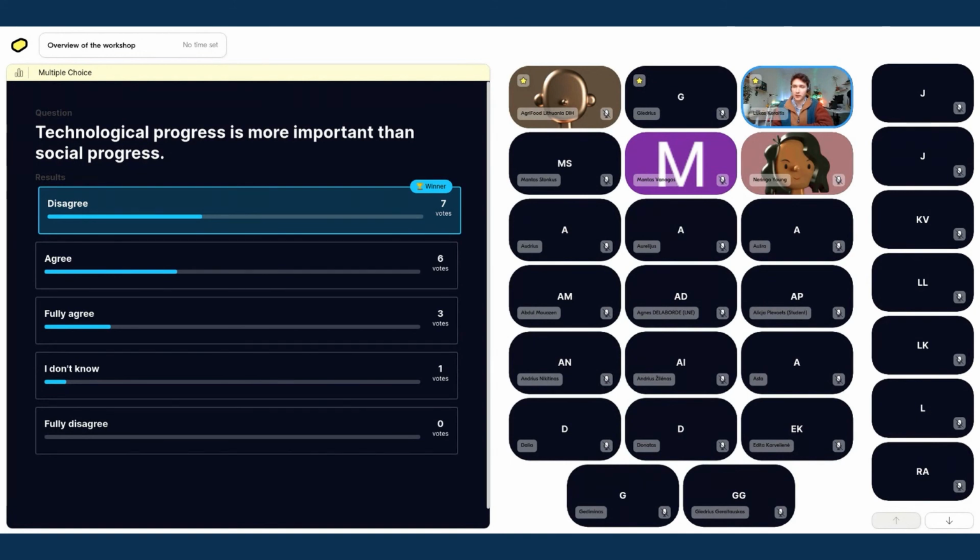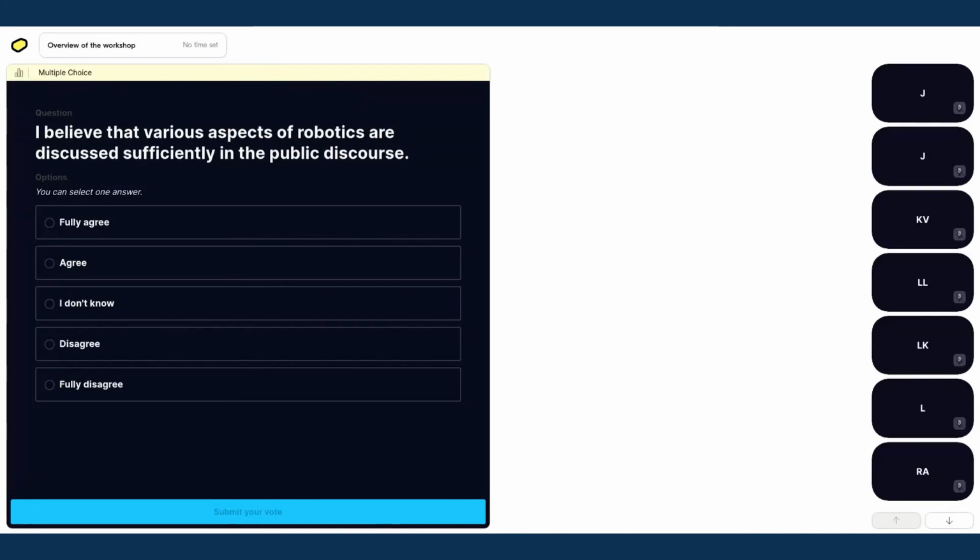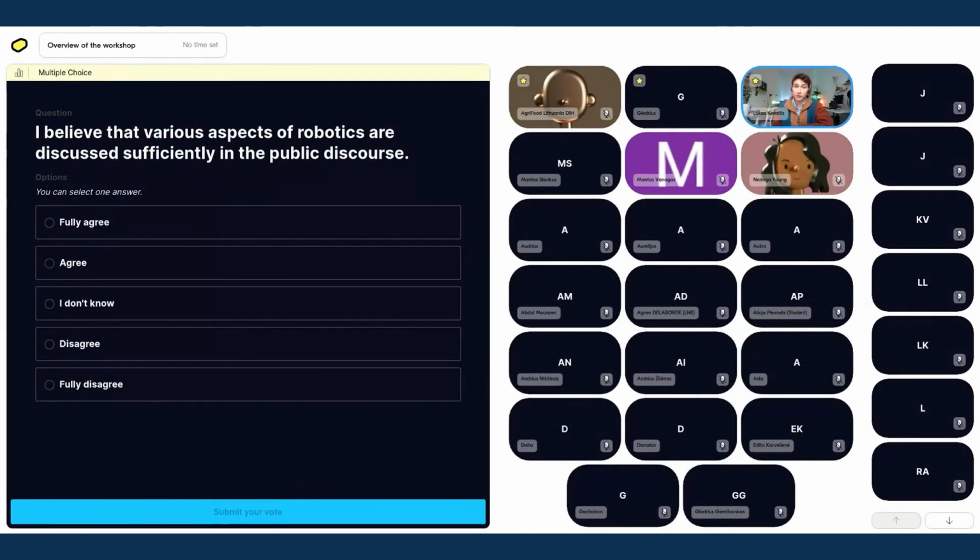The next question is, I believe the various aspects of robotics are discussed sufficiently in the public discourse. Has your opinion changed about this one? Okay, I can see the answers. No one fully agrees.